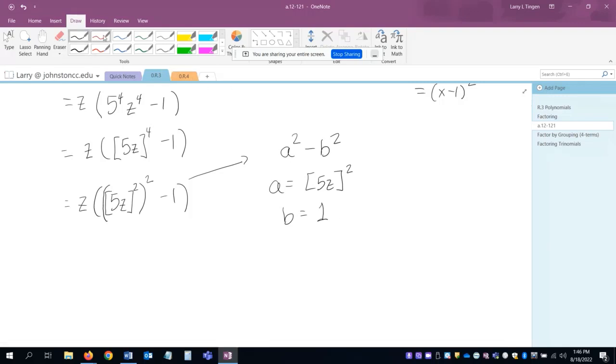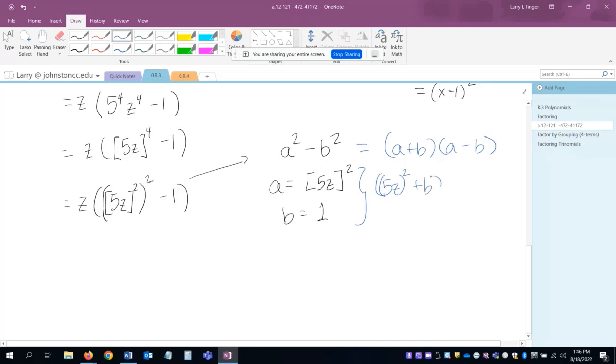The reason I wanted it in this form is I know that the difference of squares always looks like this: a squared minus b squared breaks down to a plus b times a minus b. So fill it in. If a is 5z all squared, b is 1, and I just said it out loud and wrote b anyway. Sorry about that.